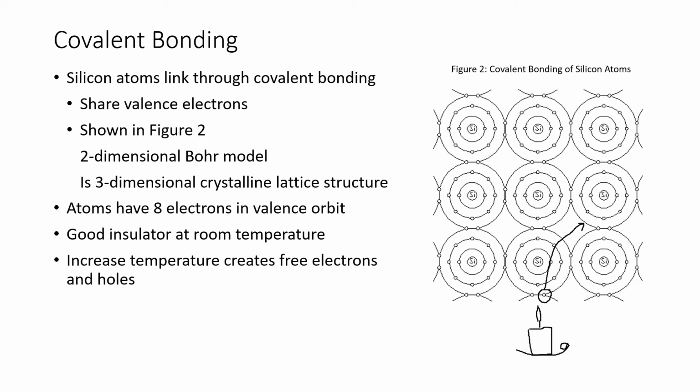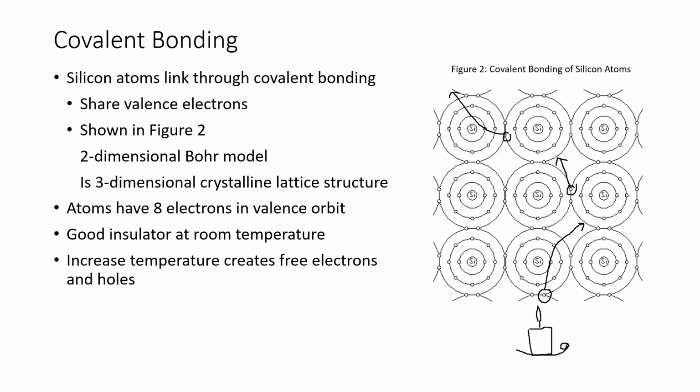And of course now this atom has too many electrons, so we're going to knock an electron loose from this atom, and that electron might move up here. And of course when it does, this particular atom has too many electrons, so it's going to lose an electron. This electron might go over here.